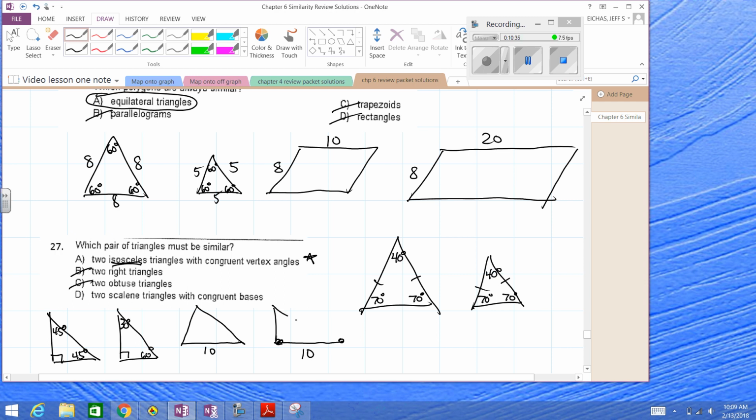Okay, you could do this. I mean, these aren't going to match. So you have an 80-degree angle there, but a 90 there. Those just don't have to work out. So then that would be, say, 30. You're not going to have corresponding angles congruent. So it's definitely going to be A.